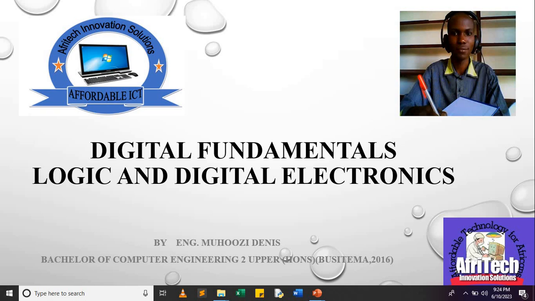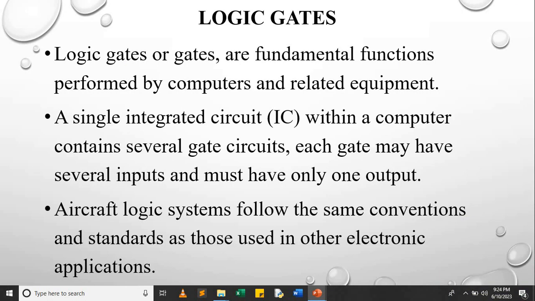Digital, analog. You have to know how digital things work, ones and zeros. This is the best thing you can have, and I'm going to take you through this affordable ICT. So now we go straight to the logic gates.